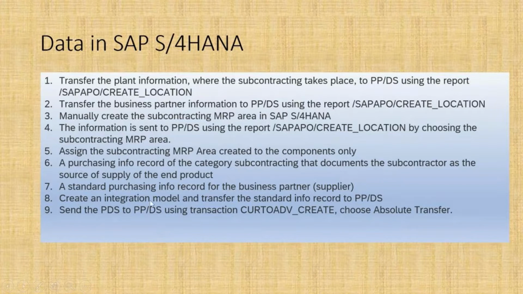So here I have mentioned create an integration model and transfer the standard info record to PPDS. Okay, and then send the PDS, which is nothing but a production version, using the transaction /SAPAPO/CURTO_CREATE, and we have to use the absolute transfer. Okay, we do have the option of subcontracting and without subcontracting. Make sure you are using the subcontracting option, else the subcontracting part does not work towards the PPDS side.